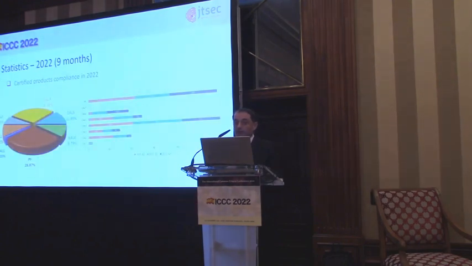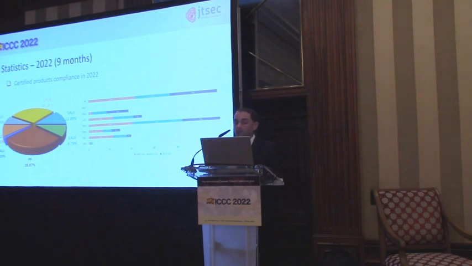And if we take a look at the relative number of certifications for each assurance level or protection profile compliant evaluations, we see that PP compliant certifications used to be the most common in previous years, but this year EAL4 has surpassed it.